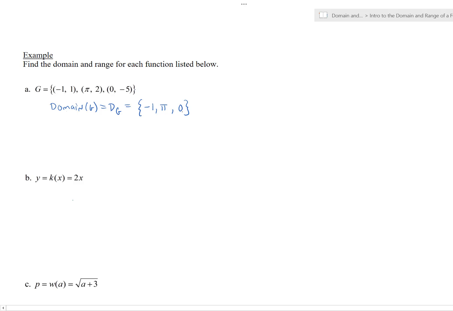All the first coordinates here. Those are the only inputs. Likewise, the range of G, or R sub G, is going to be the collection of all the corresponding outputs. Here, those outputs being 1, 2, and -5. So those two sets are our domain and range of the function G.